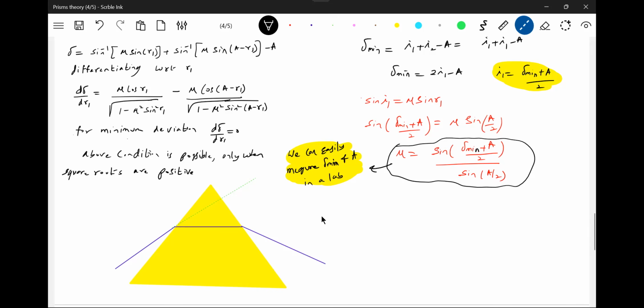This is the incident ray, and this is the refracted ray.